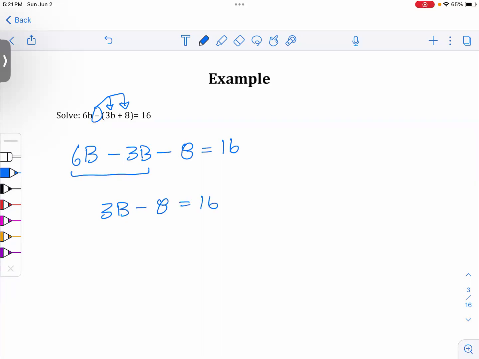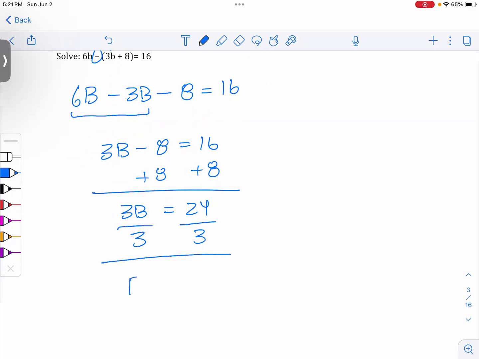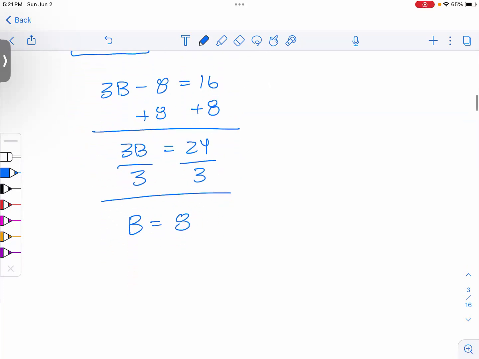Now I have something I can solve, all right? You don't want to solve things with parentheses if it can be avoided at all. Now add 8 to both sides. And divide by 3. And that's my solution.